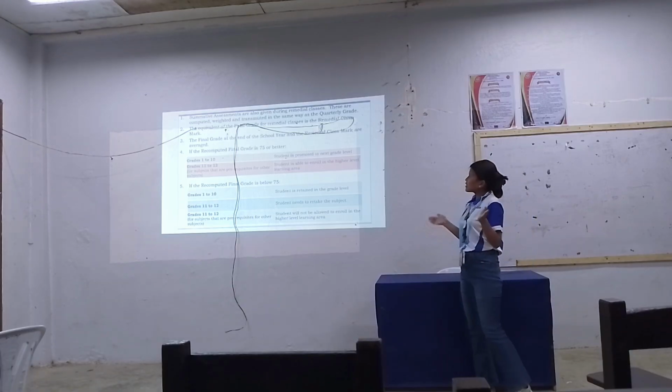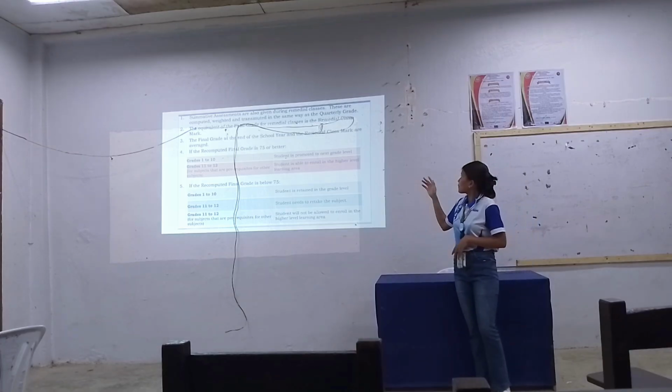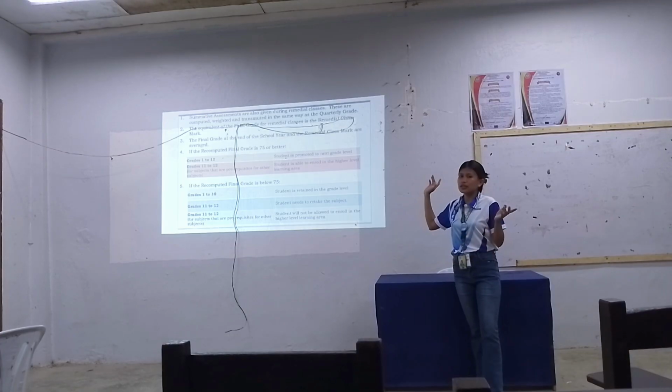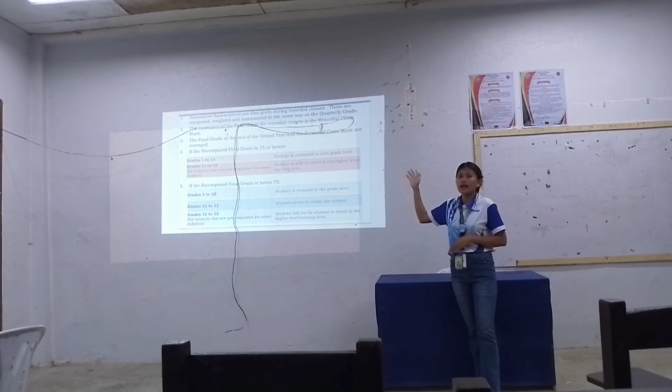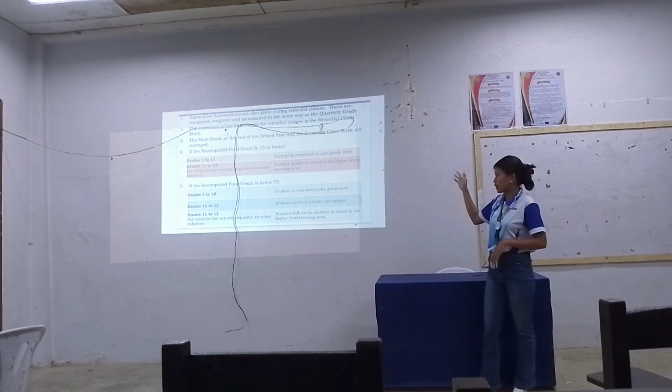Summative assessments are also given during remedial classes. These are computed, weighted, and transmuted in the same way as the quarterly grade. During the remedial classes, the teacher gives these and they are recorded the same way as the quarterly grade computation.